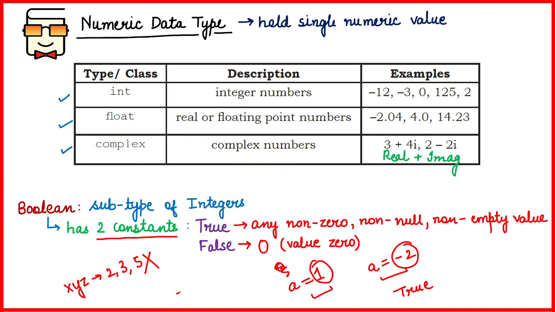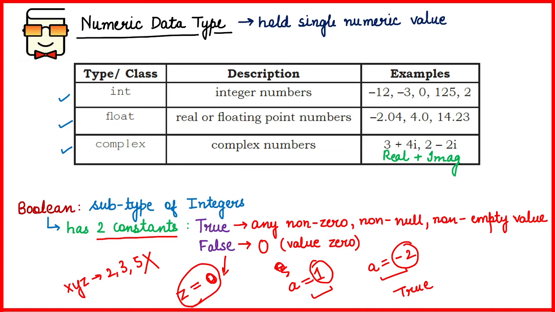Otherwise, if the name of my variable is z and it contains the value 0, though this variable has a value, this value is 0. So when I ask the Python interpreter whether this variable is true or false, the Python shell will tell me that this is a false variable. In future I'll be telling you how you can check whether a variable is true or false.